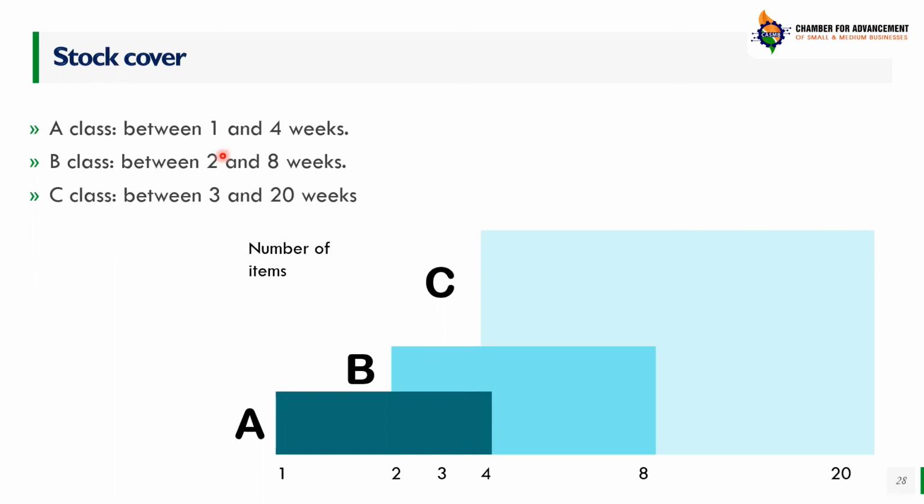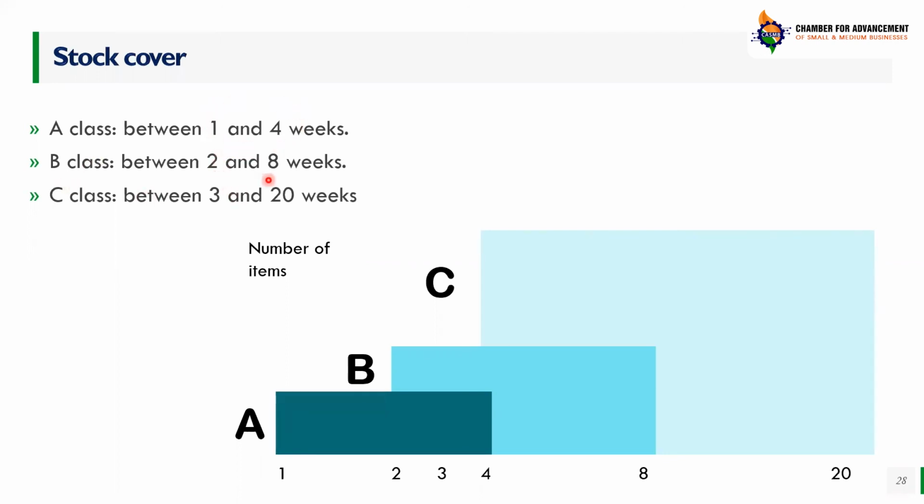So a lower number for class A, because more working capital is invested in class A as they are costlier materials, and that's why we will keep minimum inventory for class A, sufficient for just 1 to 4 weeks.